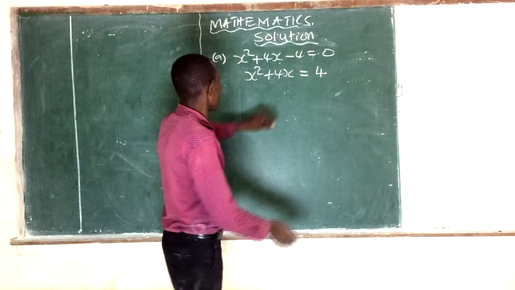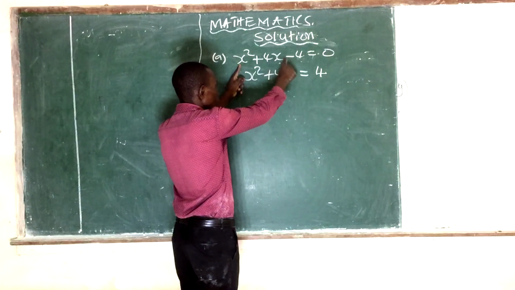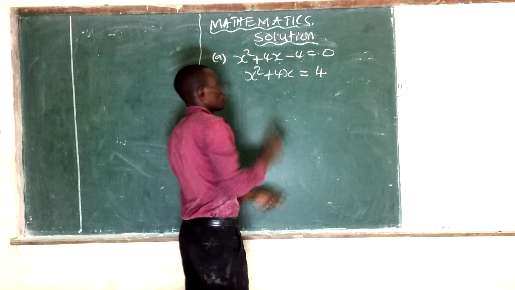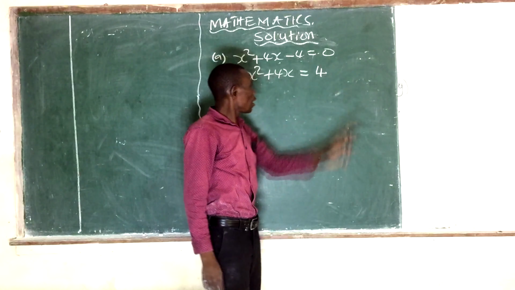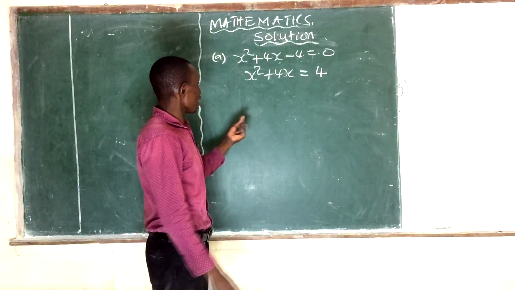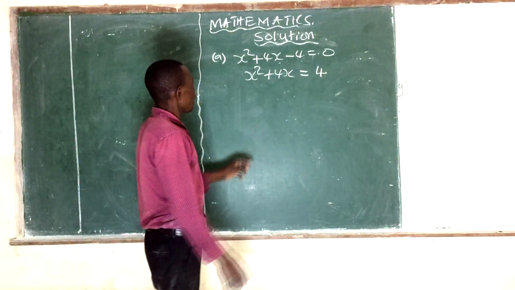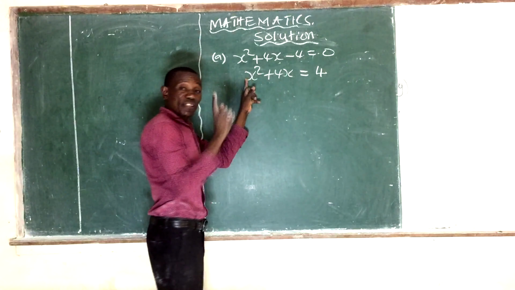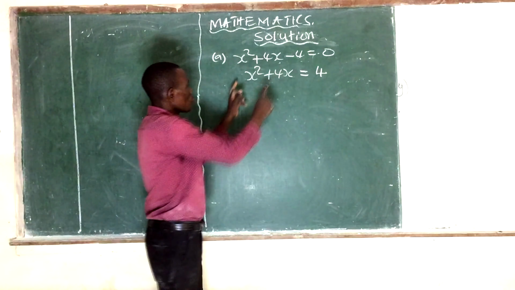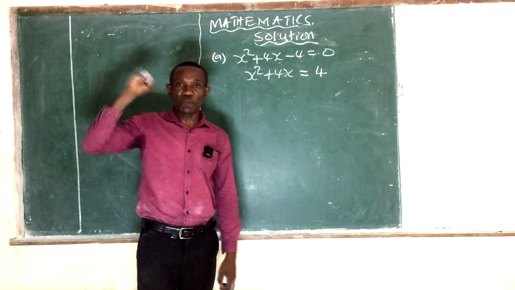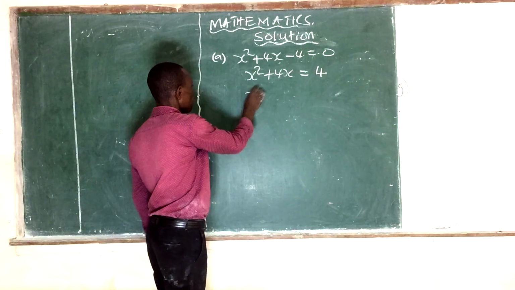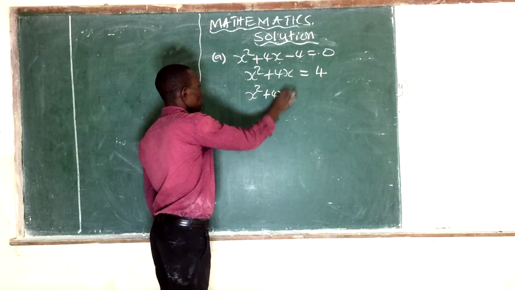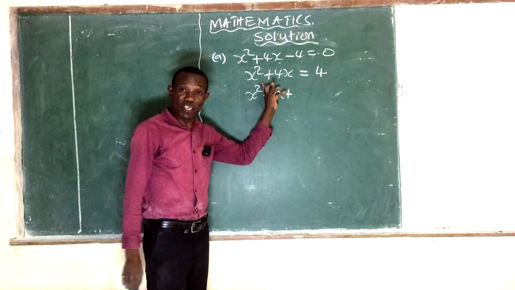So you concentrate on only x squared plus 4x, while this constant number goes to the right-hand side. Once you have done that, the next step is making this expression a perfect square by the method itself. What we do here is what we have already done in the previous example: you have your x squared plus 4x, then you add a term to make a perfect square.